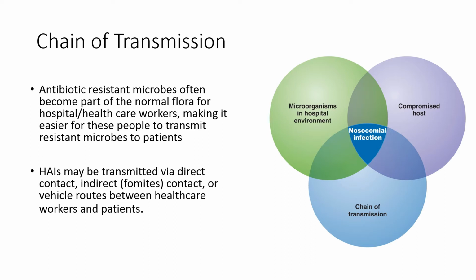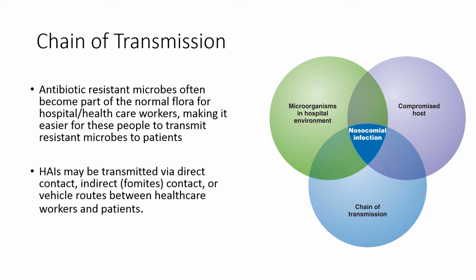It's a concern. And then I haven't even talked about those fomites that actually get inserted into people's bodies, like urinary catheters, IV catheters, or ventilators, which also can transmit disease.